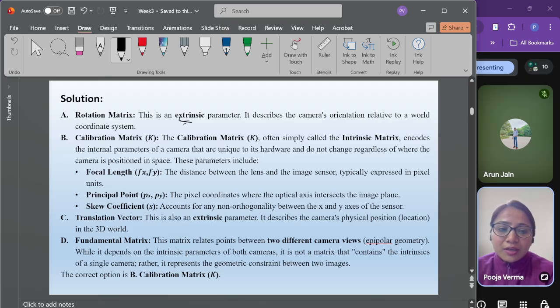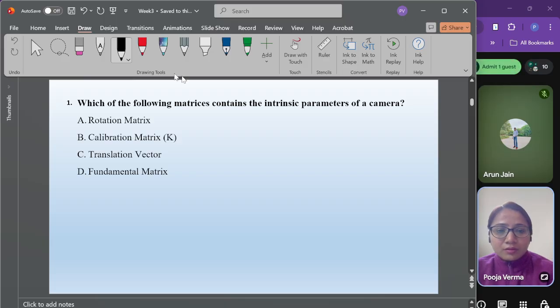It is not a matrix that contains the intrinsics of a single camera. Rather, it represents the geometric constraint between the two images. So the correct option is option B, the calibration matrix.